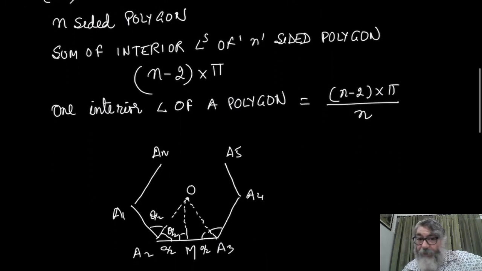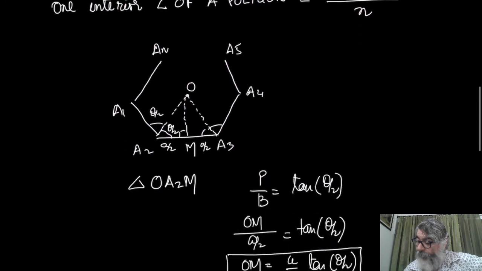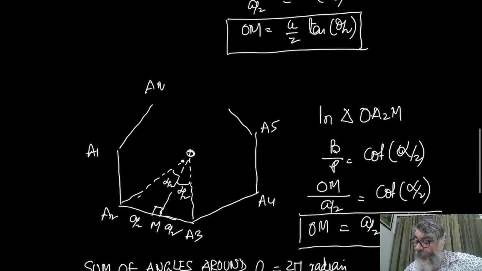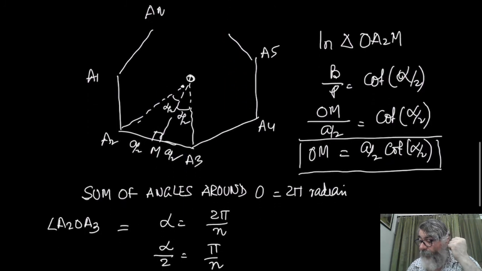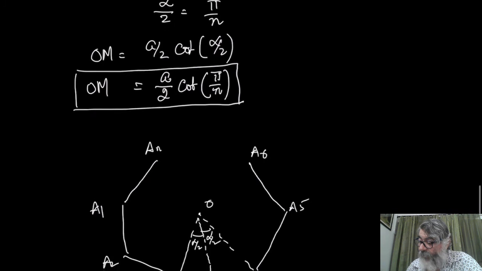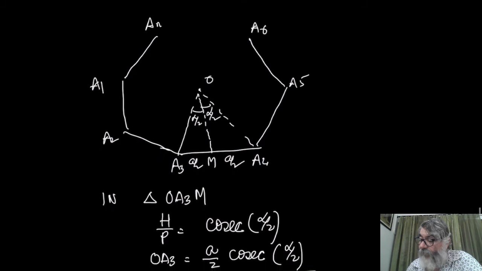When the angle at the center is given, we calculated the length of the perpendicular, which came out to be A by 2 cot pi by n. And then we calculated the length OA3, which came out to be A by 2 cosec pi by n.